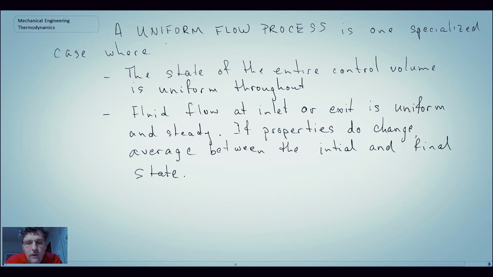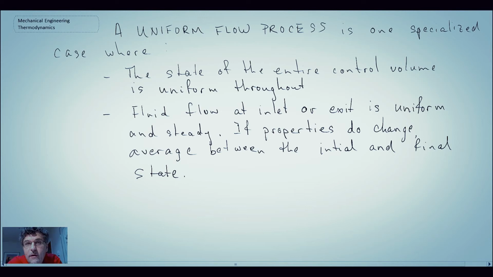What the uniform flow process assumes is that the state of the entire control volume is uniform throughout. That means that you do not have gradients, be it pressure or temperature, within the control volume. You're assuming that the state is uniform throughout. Another thing that you assume is that the fluid flow at the inlet or the exit is uniform and steady.